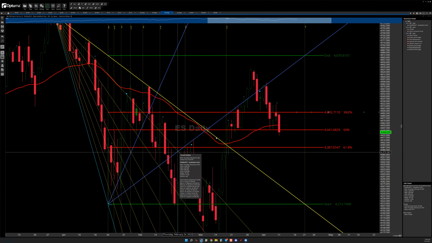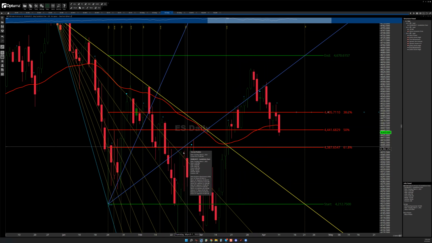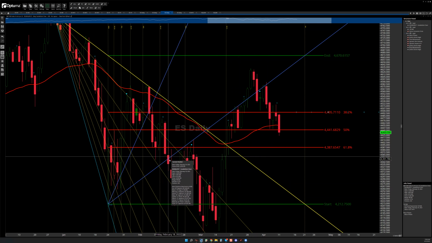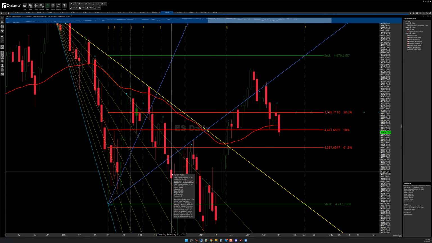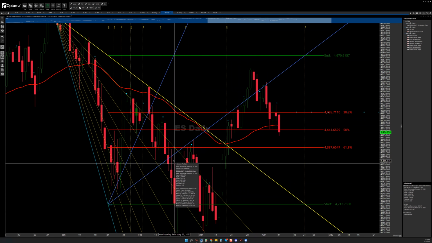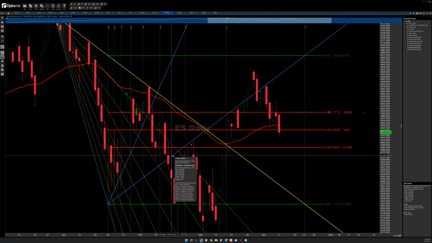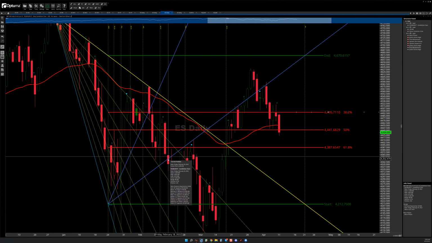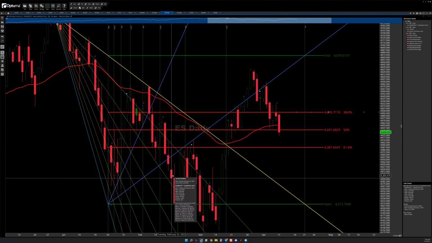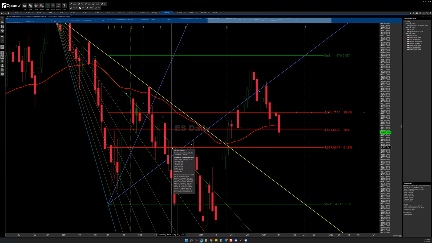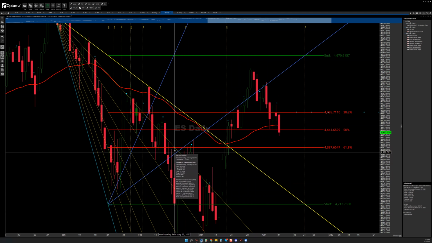Likewise, this angle here, notice how you've got breaches of this level, and then everything just collapses for a while. Here it looks like it's trying to recover, but once you breach this, it's very challenging to get back above it, or at least to stay above it.